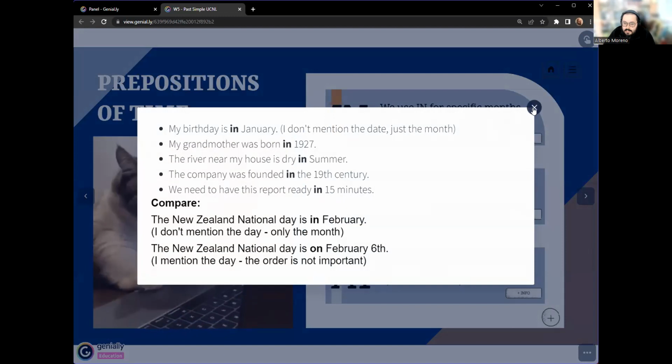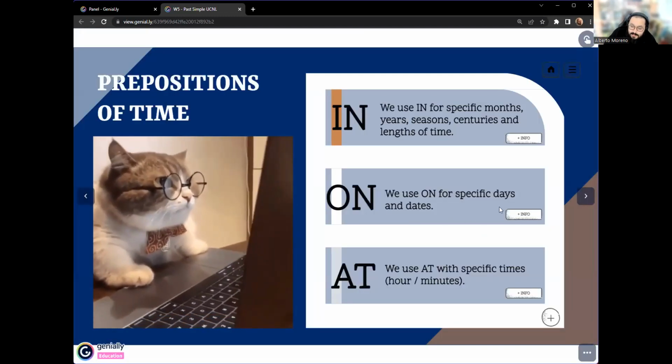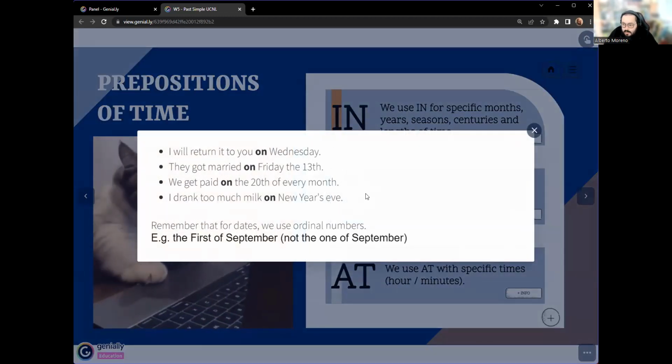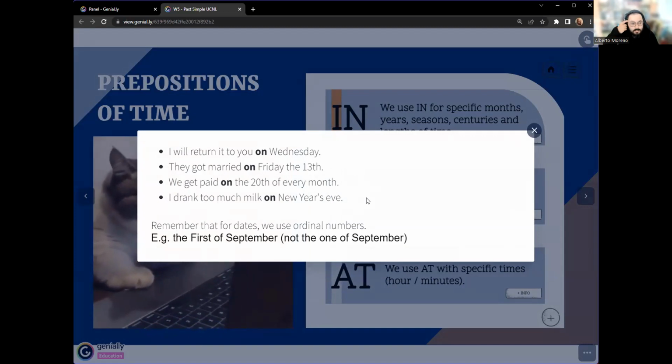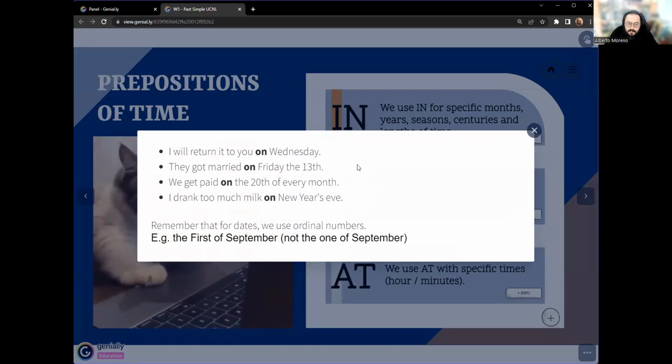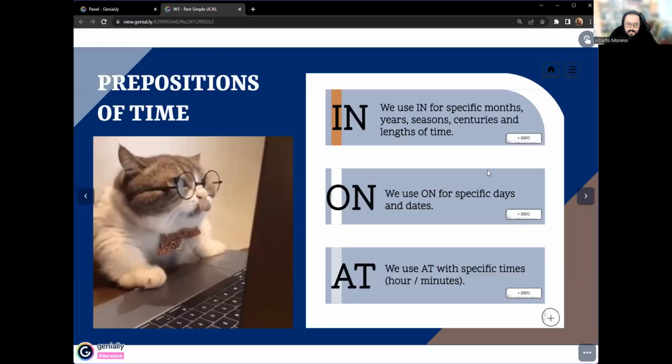Mi cumpleaños es en enero. Vamos a utilizar on para hablar de días específicos o de fechas específicas. I will return it to you on Wednesday. Te lo regresaré el miércoles. They got married on Friday the 13th. Ellos se casaron en viernes 13.